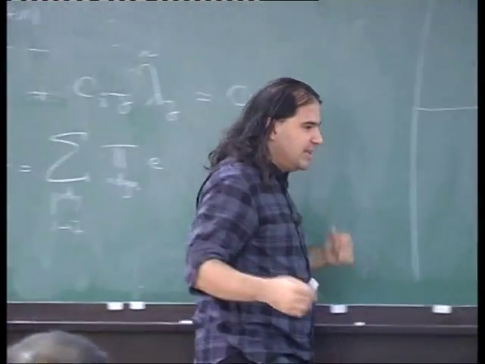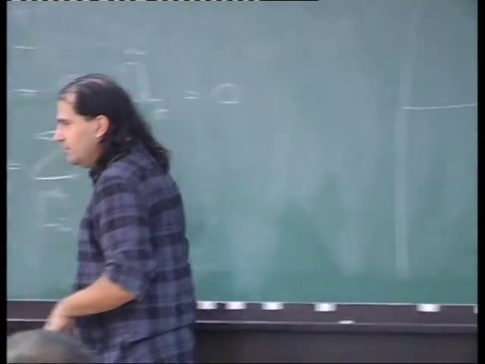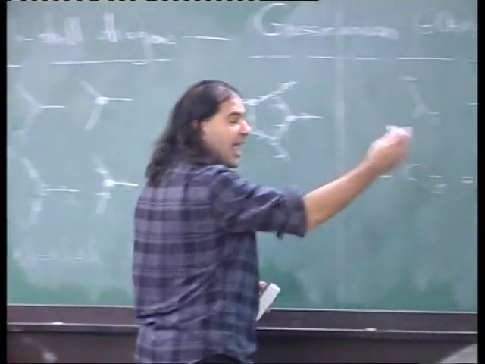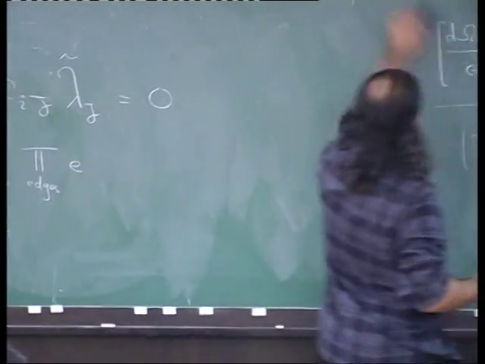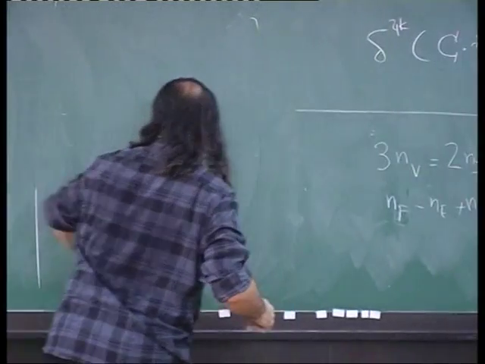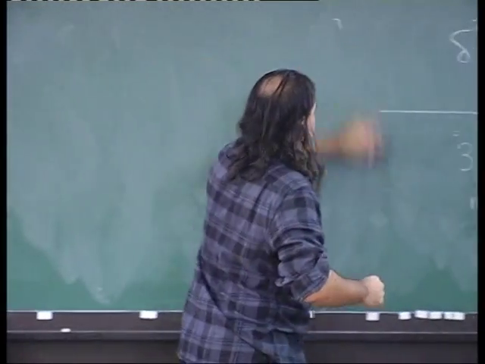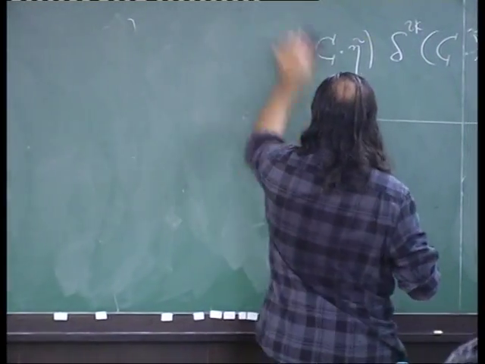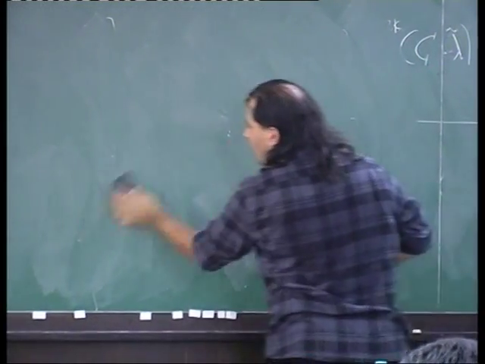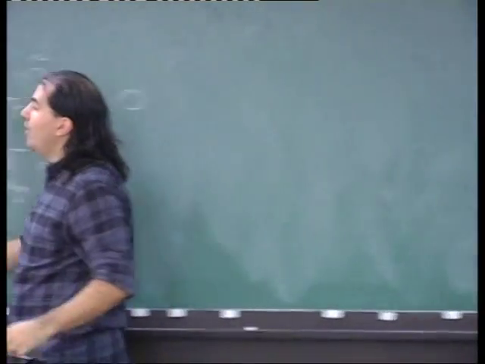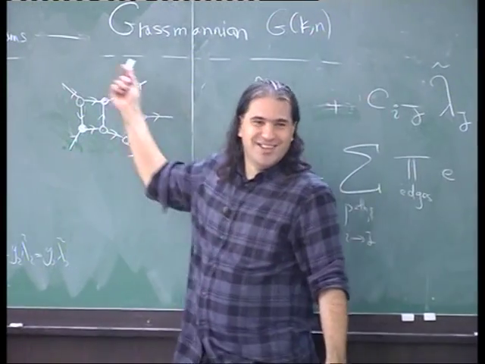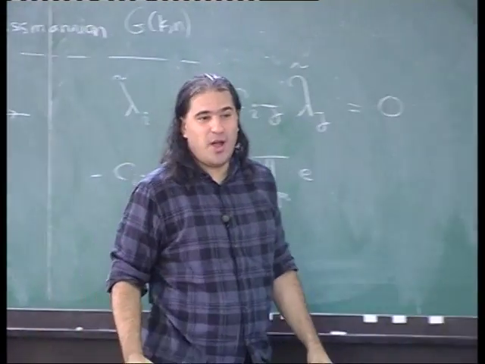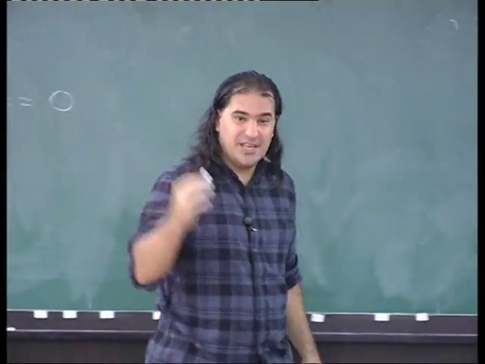But now we're really done. Now we're giving you an explicit formula for any on-shell graph. Oh, and of course, the product of all the face variables is equal to 1. So that's why the number of independent variables is the number of faces minus 1.